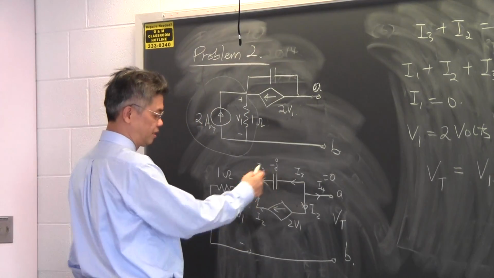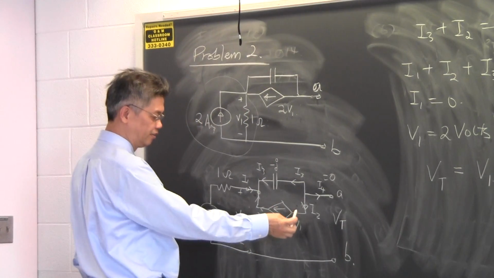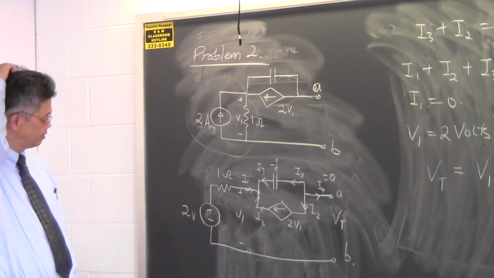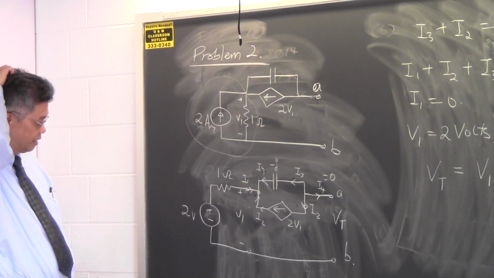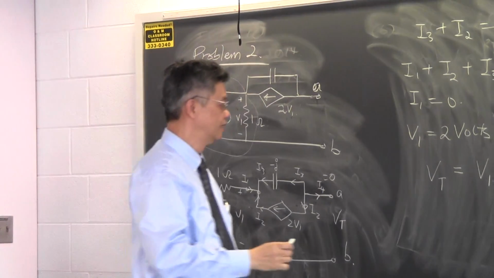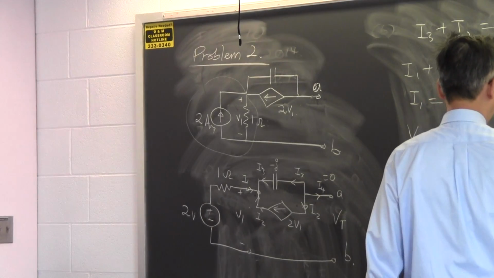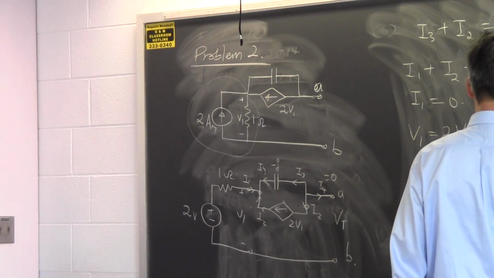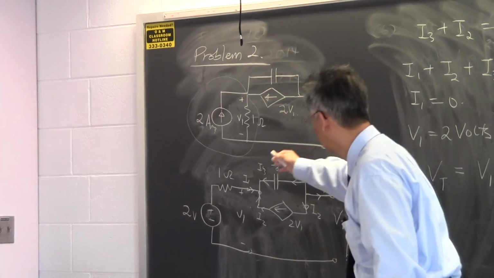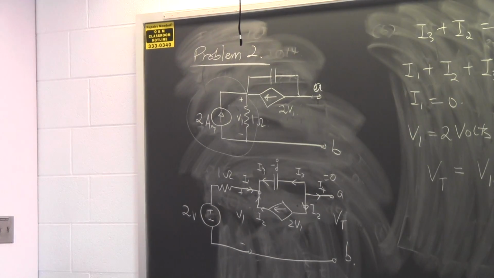V Thevenin must be equal to V1 minus the voltage drop across this thing. If the current is flowing in this manner, then the voltage drop is equal to I3 times minus J, which gives you the voltage drop from here to here.